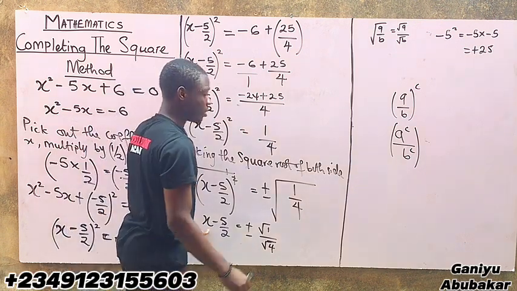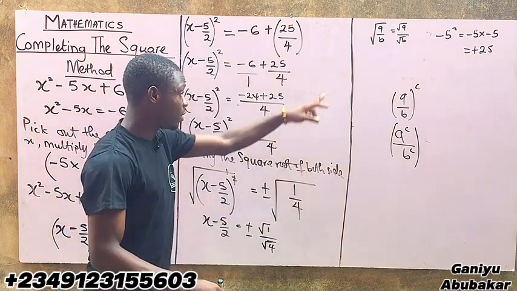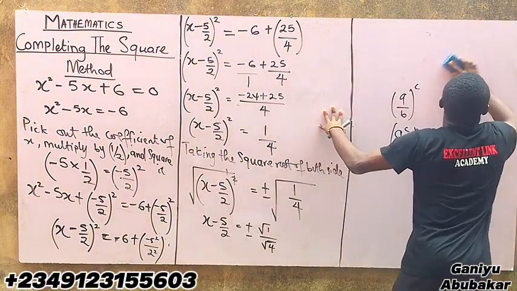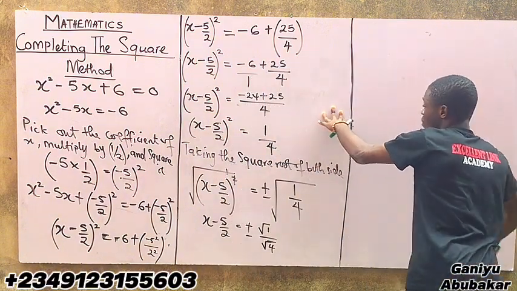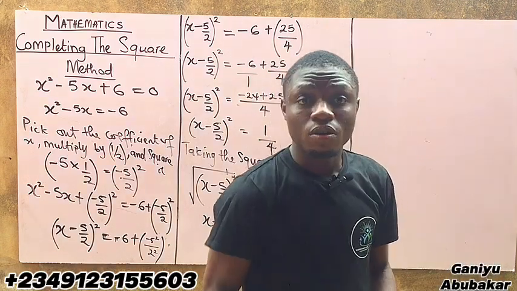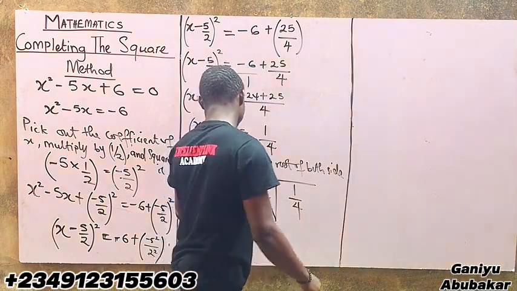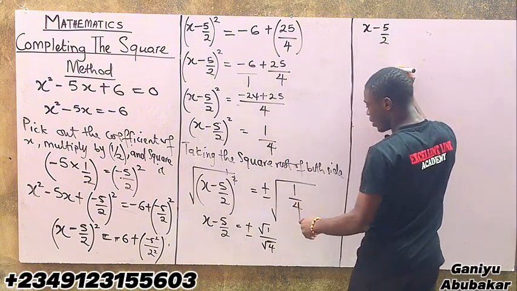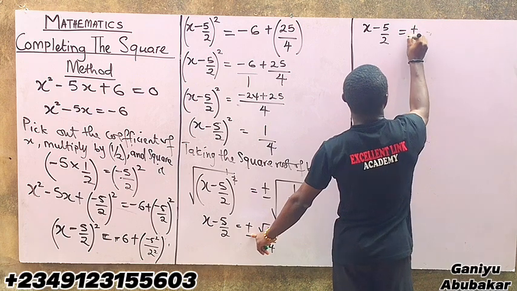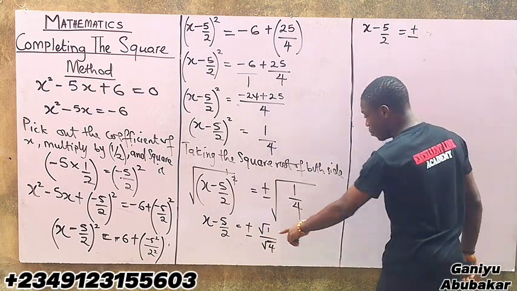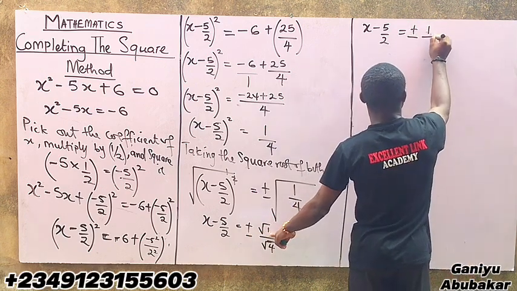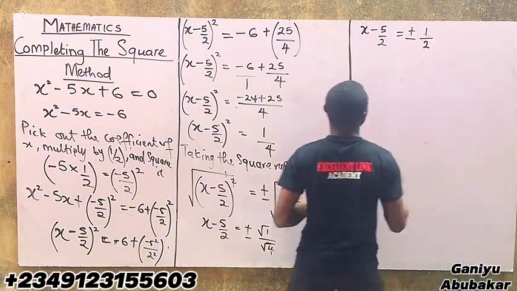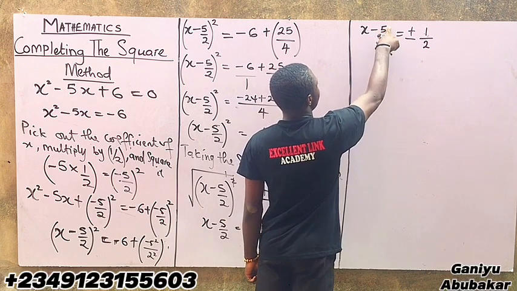At this point, I'll have x minus 5 over 2 being equal to plus or minus, root 1 is 1, all over root 4, which is 2. I have 2 here.